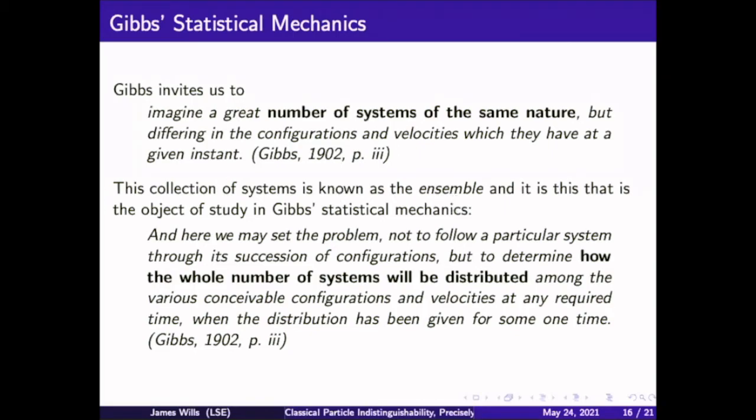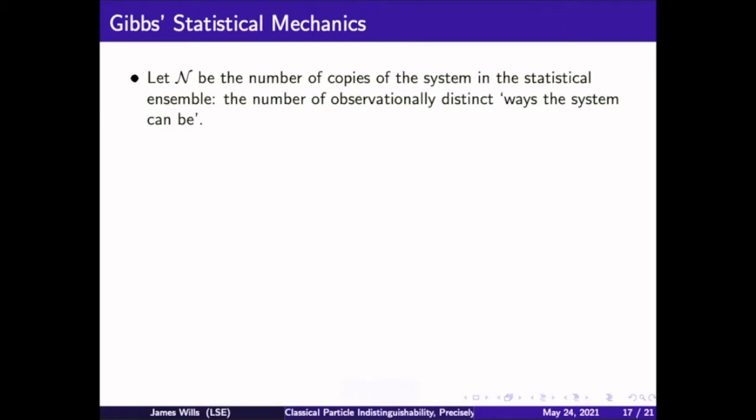Okay, let's develop these ideas more formally. Let curly N be the number of copies of the system in the statistical ensemble. So in my language, these are going to be the number of observationally distinct ways the system can be. Now remember, I'm putting my stamp on things here.